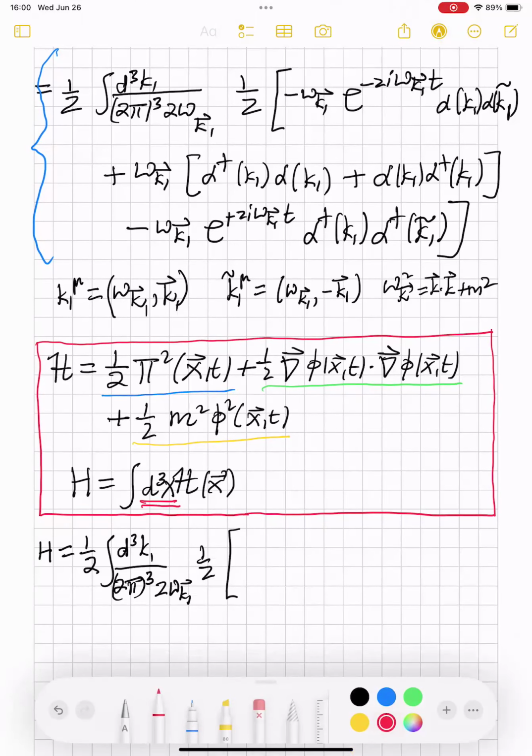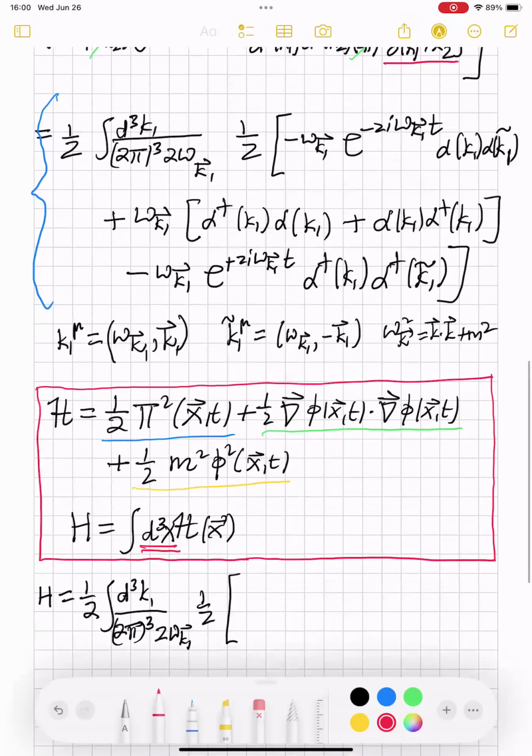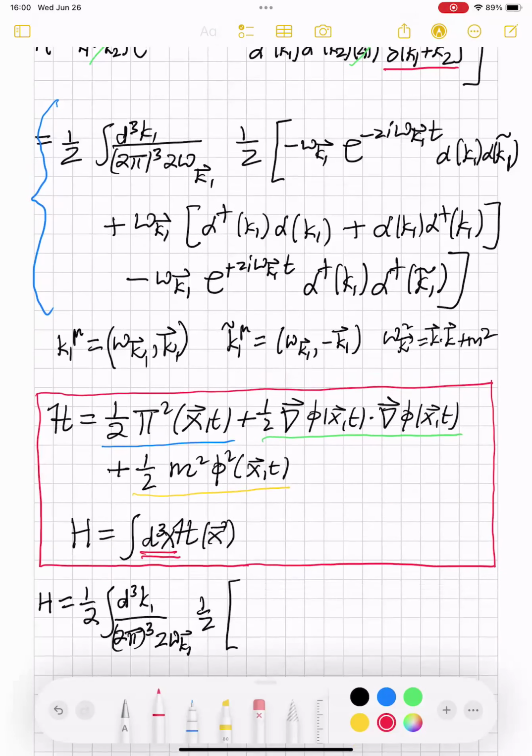Notice that in this answer that we got, sitting in the measure, we've got 1/2 omega K1. Then the first term, so there it is sitting over there in the measure, the 2 omega K1 in the denominator. Then inside the first term, we've got an omega K1. Inside the second term, we've got an omega K1. And in the third term, we've got an omega K1. So in actual fact, those omega K1s cancel out completely, okay?